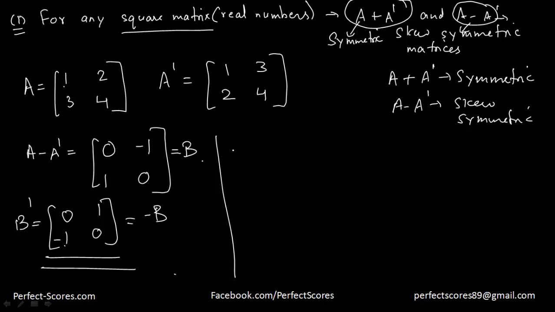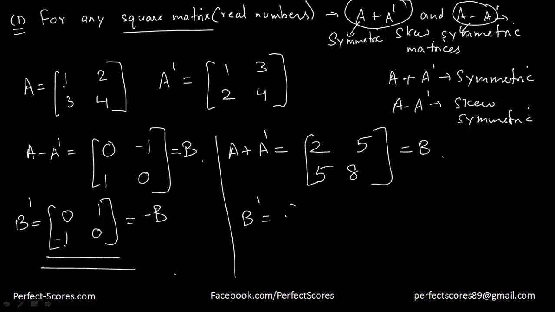Another thing that I'd like to test is the value of A plus A transpose, which is going to be 1 plus 1, that is 2, 2 plus 3, which is 5, and 3 plus 2, which is 5, and 4 plus 4, that is 8. Now let's say that is equal to B, then again if I try to find the value of B transpose, that is going to be equal to 2, 5, and 5, 8.